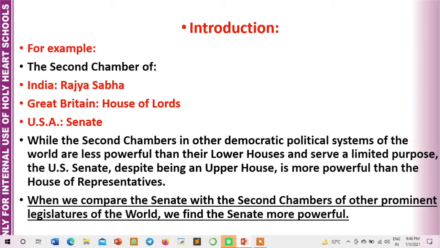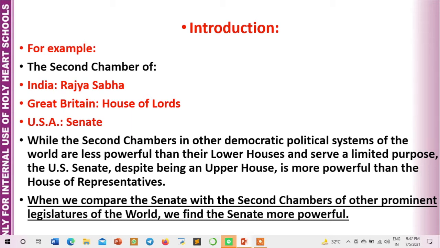While the second chambers in the other democratic political systems of the world are less powerful than their lower houses and serve a limited purpose, the US Senate, despite being an upper house, is more powerful than the House of Representatives. Yes, students, House of Representatives is the lower house in US and the Senate is the upper house. But still, Senate is more powerful than the House of Representatives.